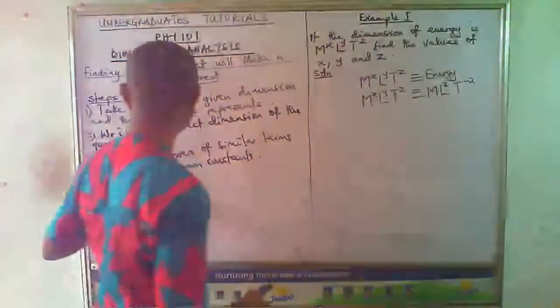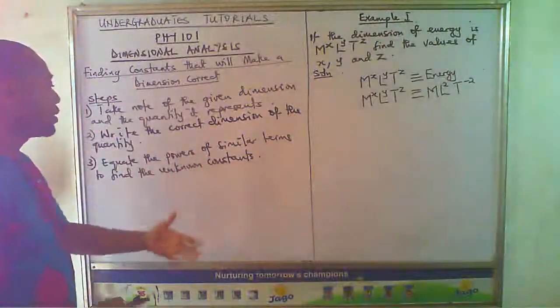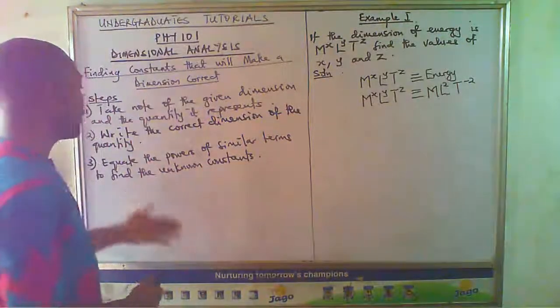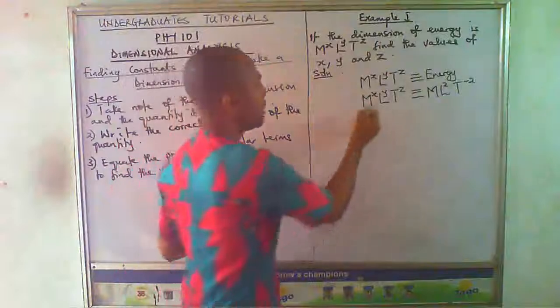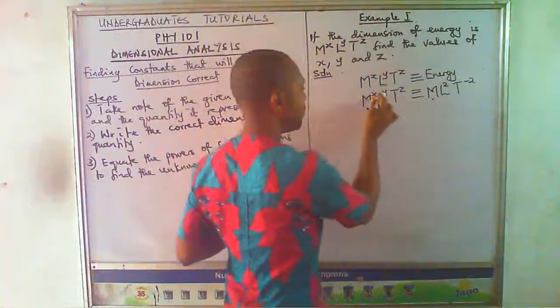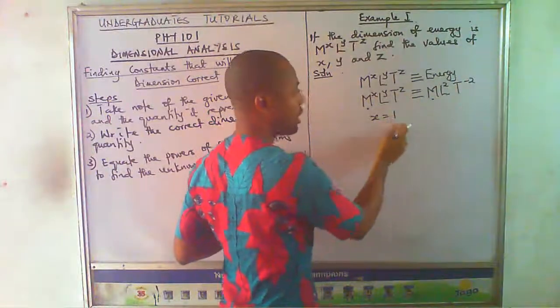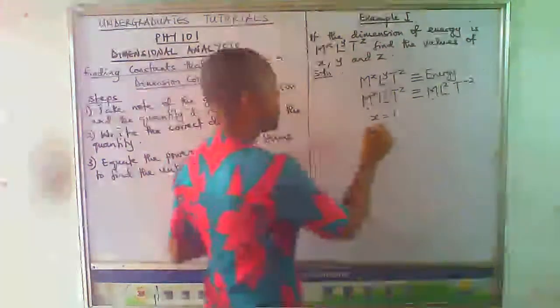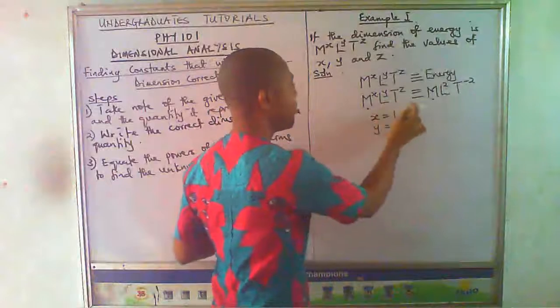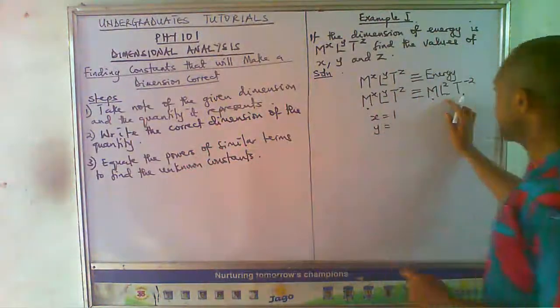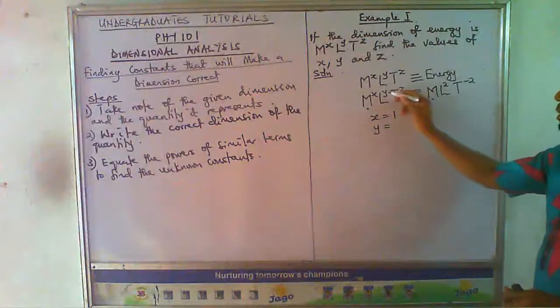Now let's look at the third step. Equate the powers of similar terms to find your unknown constants. So this term is similar to this. So what's the power here? x. What's the power of that term on the other side? 1. So x is equal to 1. Then y. This term and this term are similar. So what's the power here? y.